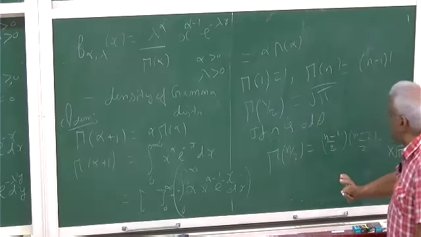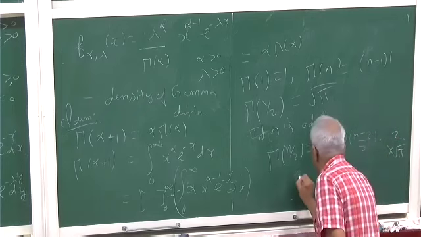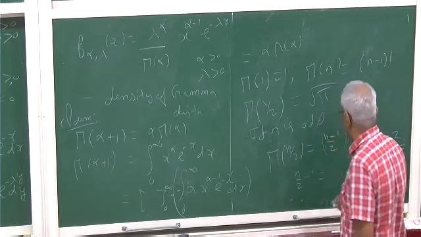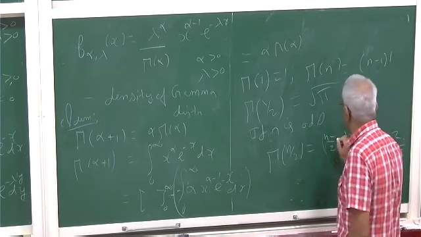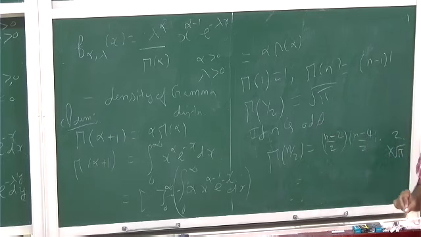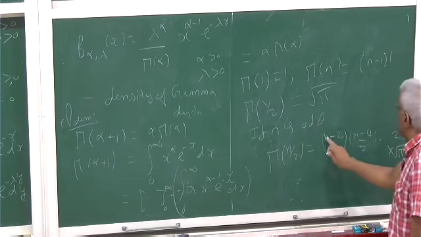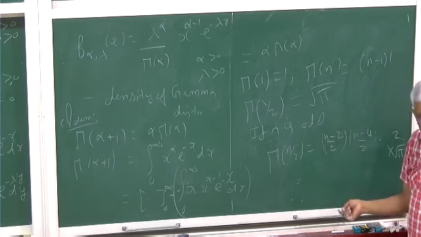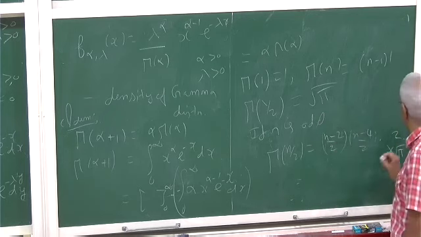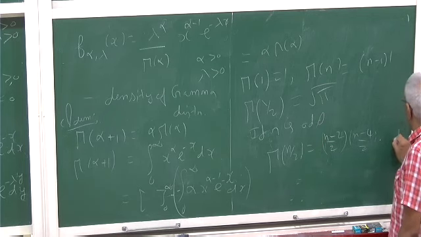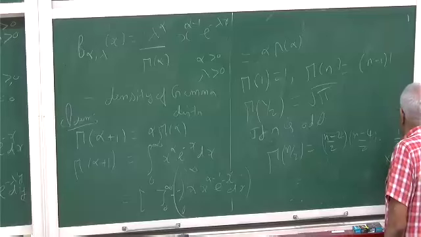If you subtract 1, it will be n by 2 minus 1, which is n minus 2 by 2. So this is right. Yes, sorry, this is this. So it will come up to 1 by 2 into square root of pi.